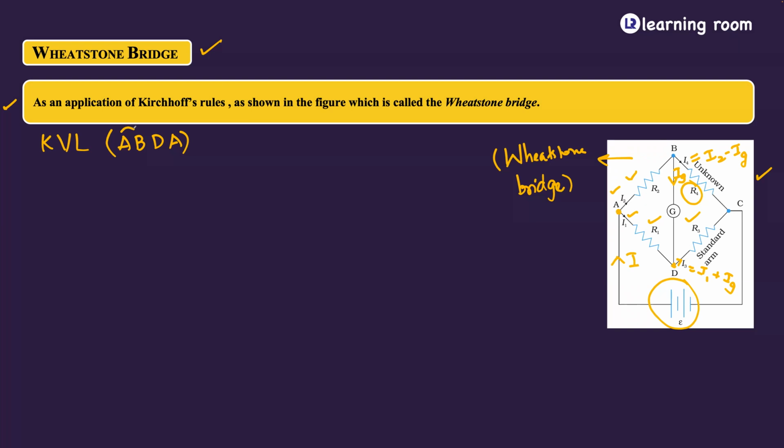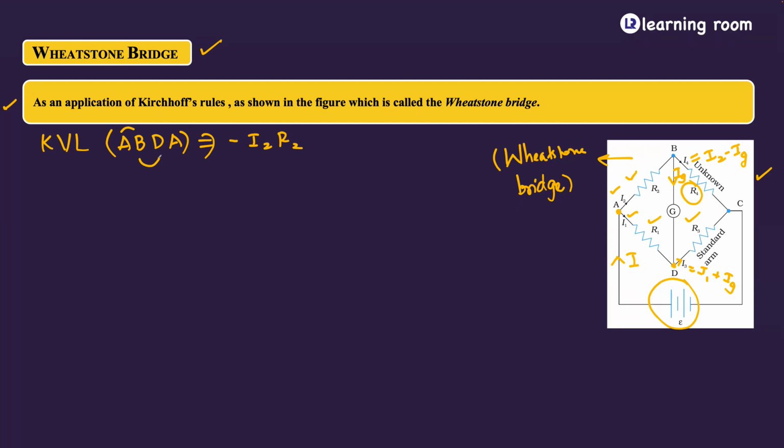The resistor we encounter is R2, and the current across it is I2. So the term written here is minus I2 R2, because we are walking in the direction of current. Similarly, when you go from B to D, what will happen?